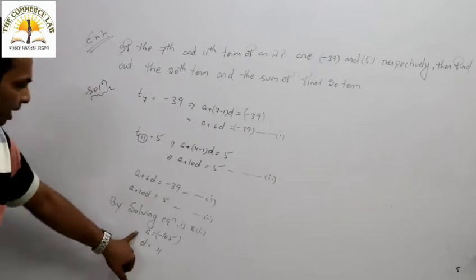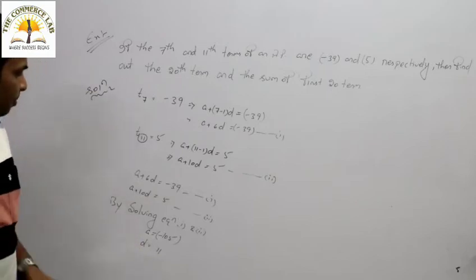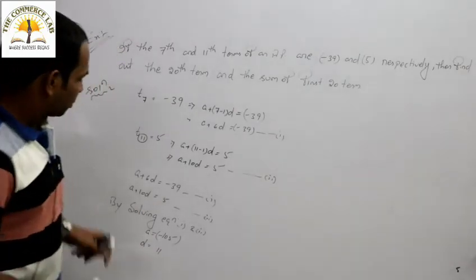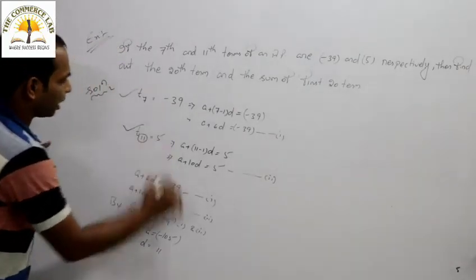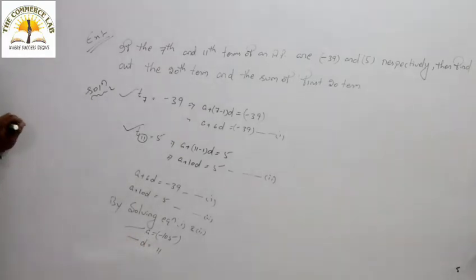The value of A is minus 105, D is 11. So from these two pieces of information, we are finding out the value of A and the value of D.